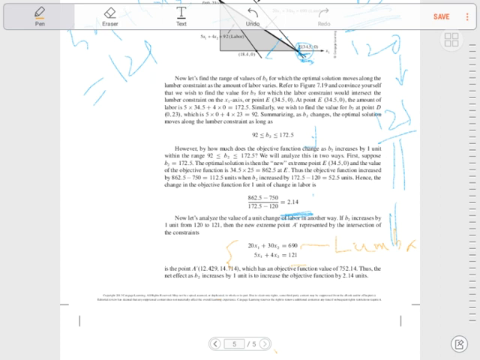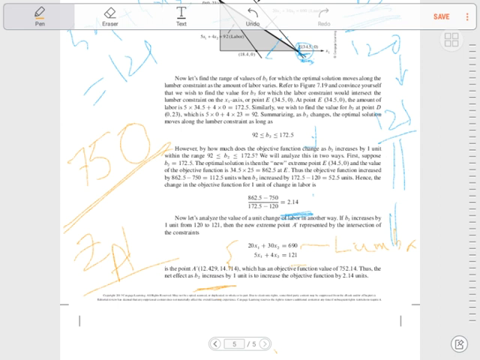If you now calculate the value of Z at the point A dashed, it comes out to be 752.14. If you recall, the original maximum value of the objective function was 750, but here it has increased. If he has more labor, quite obviously he can use it.